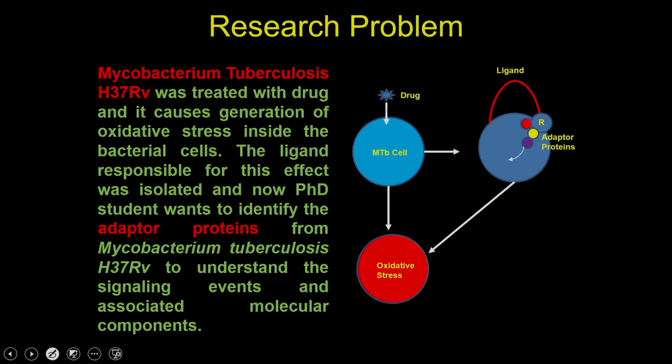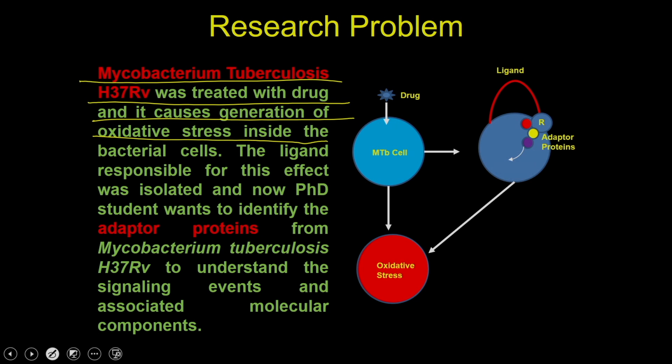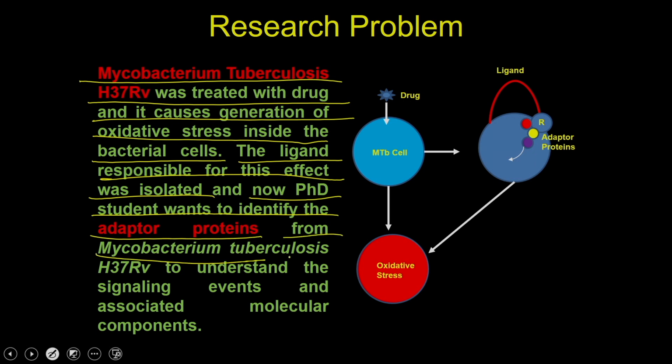Now, we have the third experiment, in which Mycobacterium tuberculosis was treated with a drug, and it causes the generation of oxidative stress inside the bacterial cell. The ligand responsible for this effect was isolated, and now the PhD student wants to identify the adapter protein from the Mycobacterium tuberculosis to understand the signaling events and the associated molecular components. Now, what is the problem?